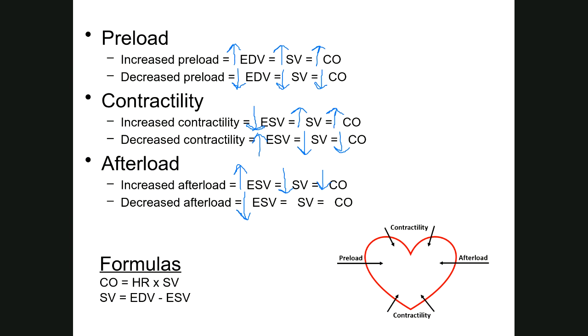So if we have less blood left over because more of it was pumped to the tissues of the body, we're going to see stroke volume increasing. And when stroke volume increases, we're going to see an increase in cardiac output as well.